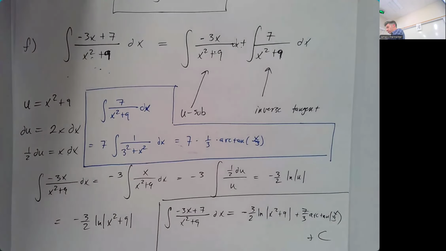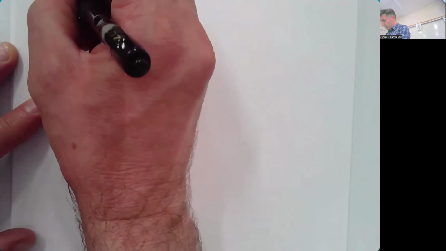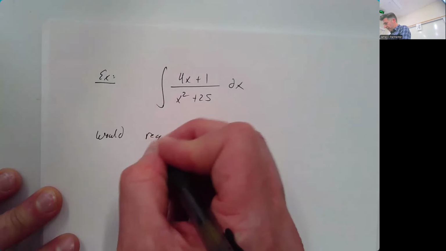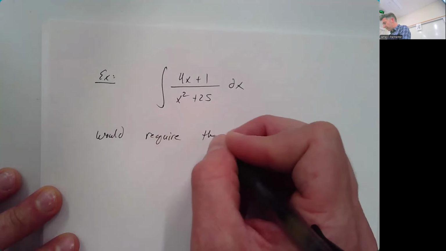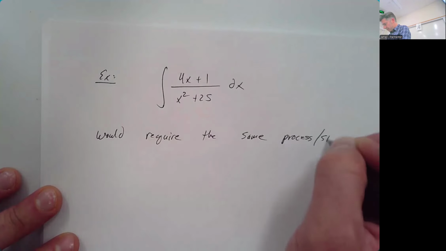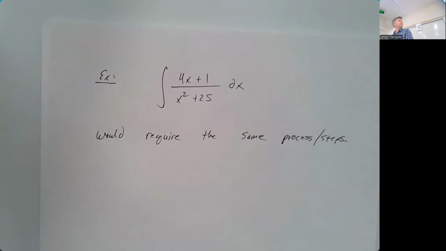I would point out, just as an aside, that the integral of 4x plus 1 over x squared plus 25 would require the same process. Sorry, you can't see anything I'm writing, apologies. It would require the exact same type of steps. I'm not going to do it, but it's good practice.